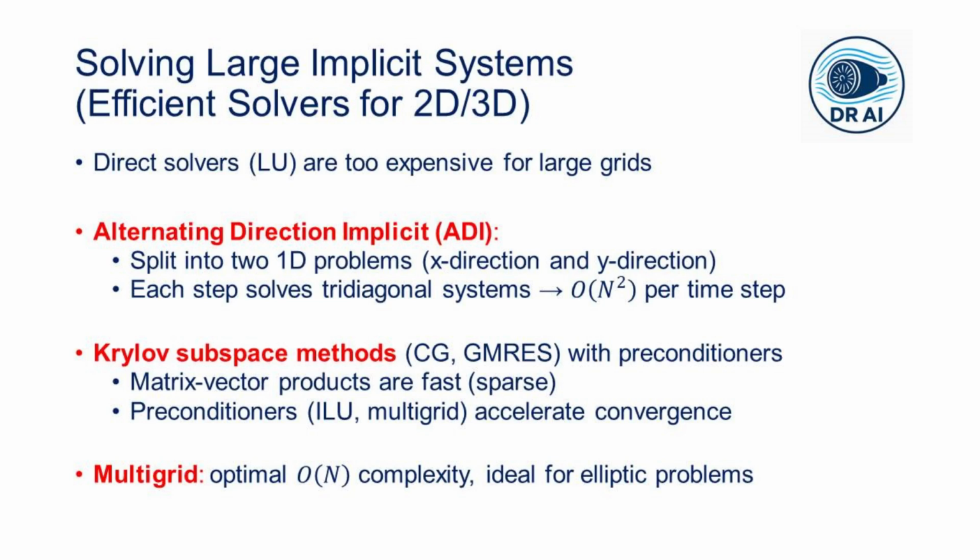One classic method is the alternating direction implicit, often abbreviated as the ADI method. The idea is to split the 2D equation into two 1D problems, one in the x direction and one in the y direction. At each time step, we first solve a set of tridiagonal systems for all rows, implicit in x, explicit in y.